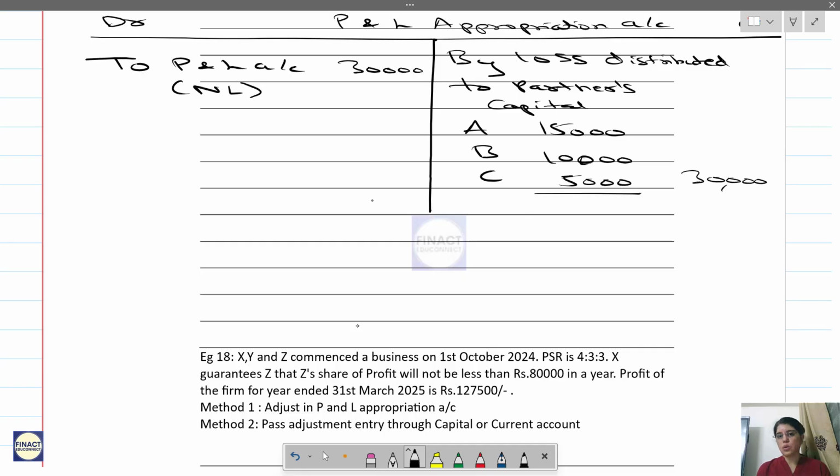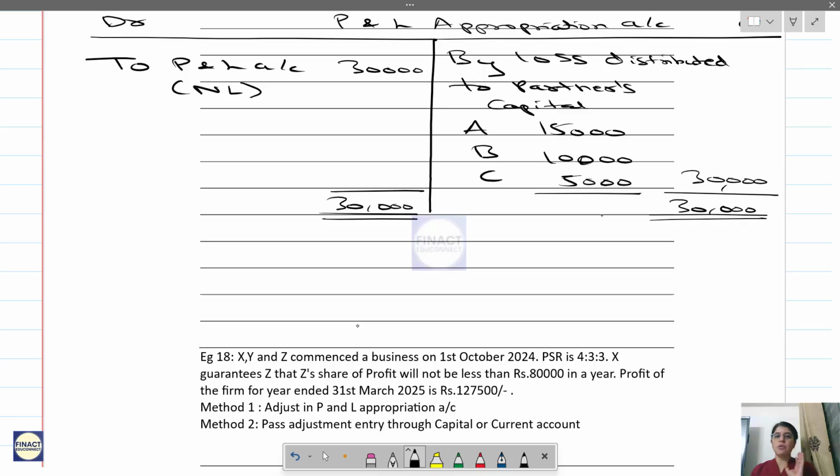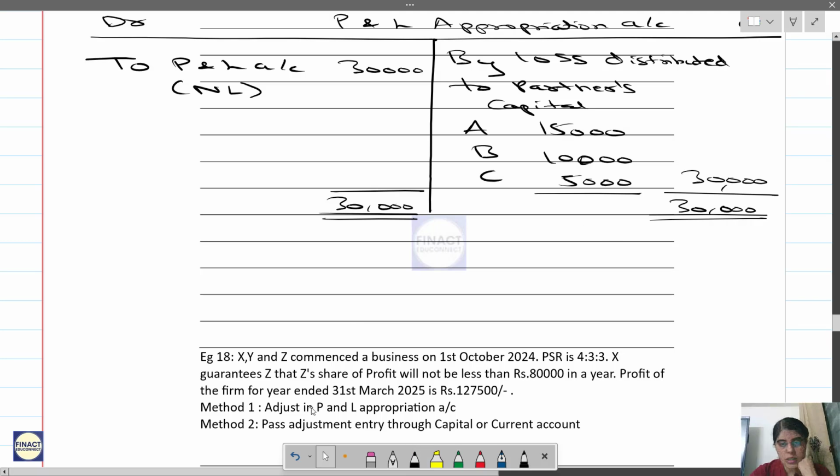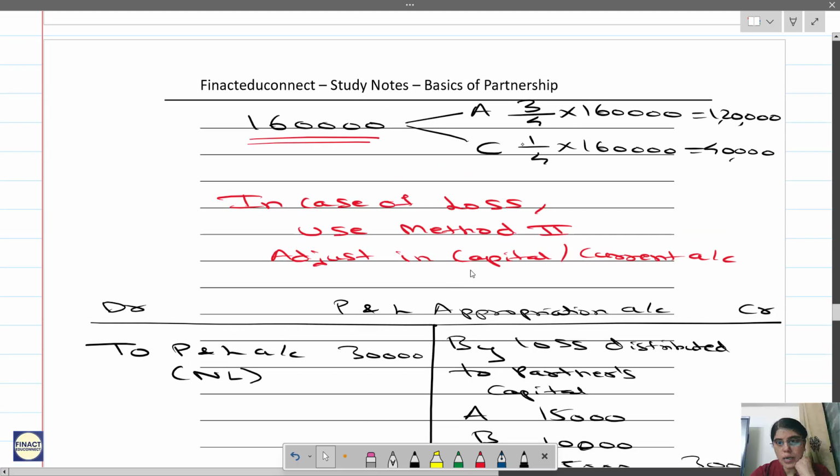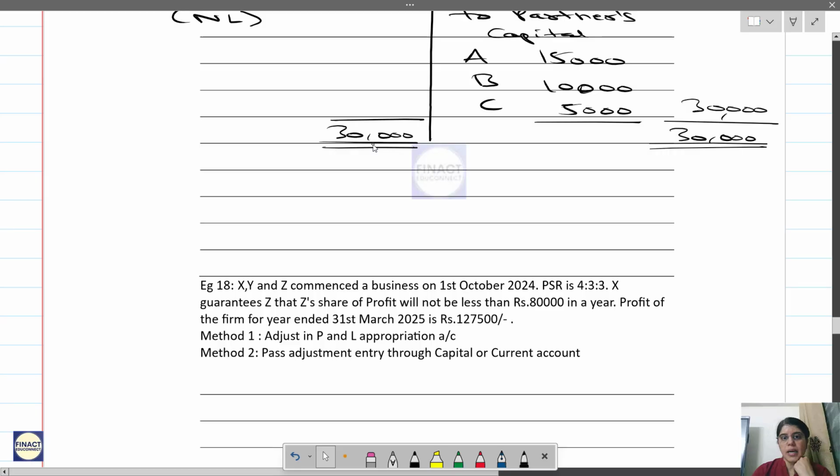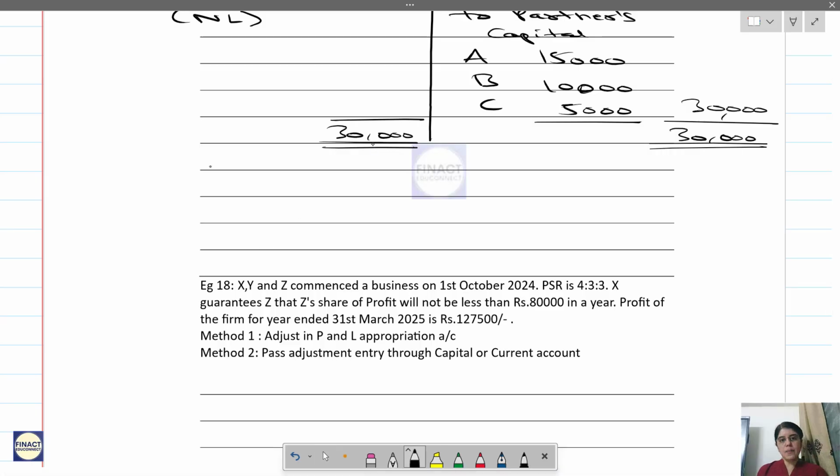So wherever you have a loss, follow method 2 of accounting, because you cannot use method 1. There is no sufficient profit to adjust it in the profit and loss appropriation account directly. Now what is the entry? We have to take it from A and C and give it to B. A's capital account debit 1,20,000.